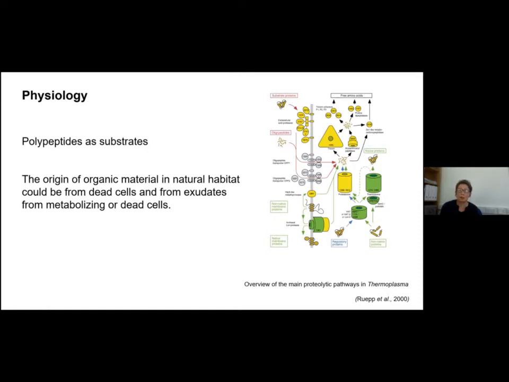We have also observed quite a substantial set of genes encoding proteolytic enzymes in genomes of Cuniculiplasma, Ferroplasma, and other Thermoplasmatales. And in the laboratory, all these organic compounds can be substituted by different polypeptides.